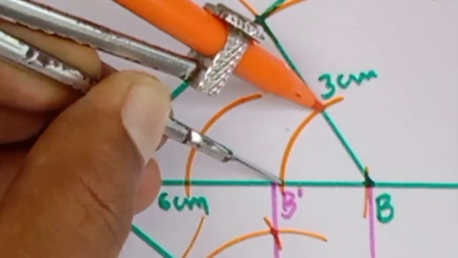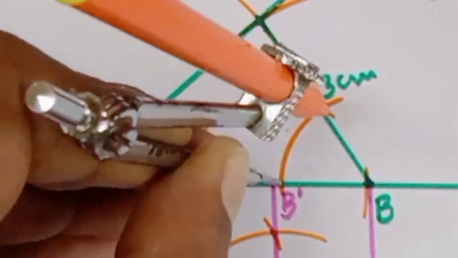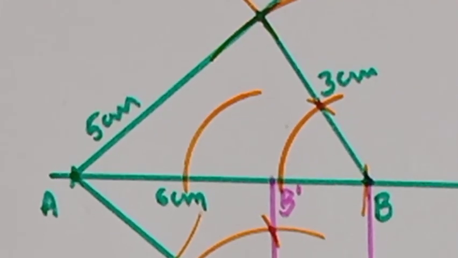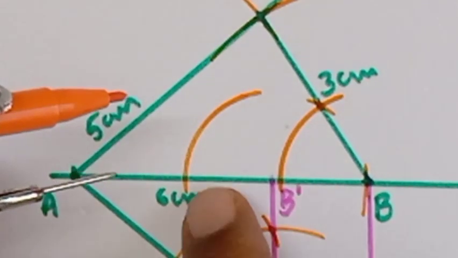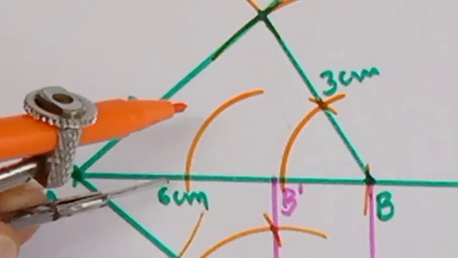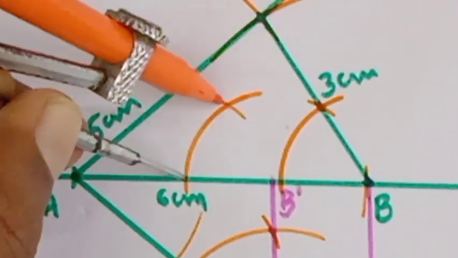Yes, it's correct. You should cut an arc here. Likewise, keeping it at the point of intersection of the arc with AB, adjusted from B dash, you should draw an arc.